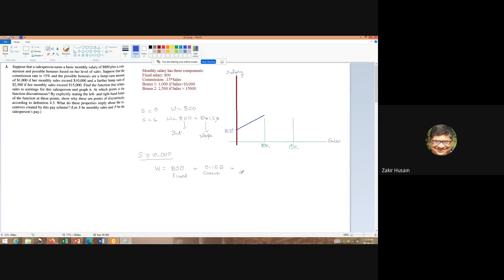And in addition, you get the first bonus, which is 1,000. So it will be just greater than 10,000, not greater than or equal to. Yes, strictly greater.